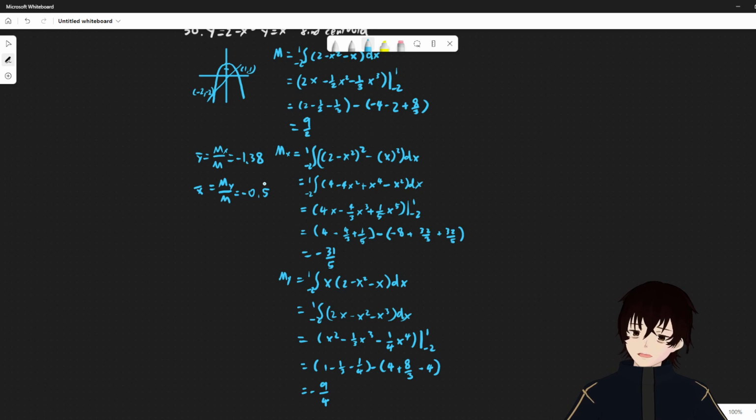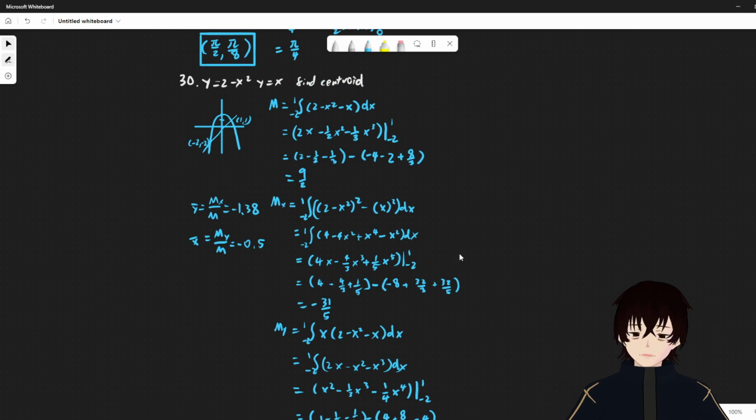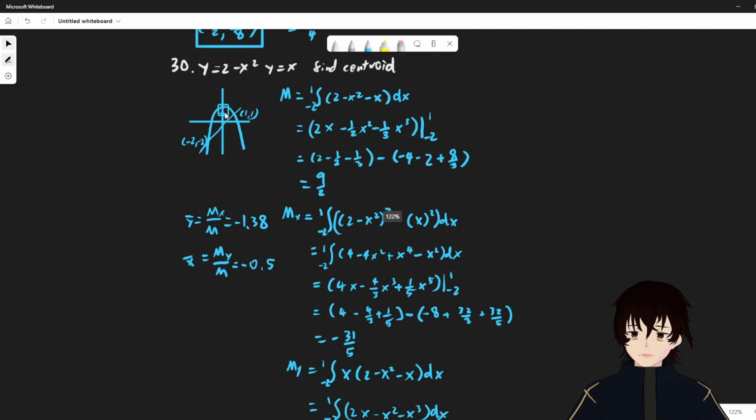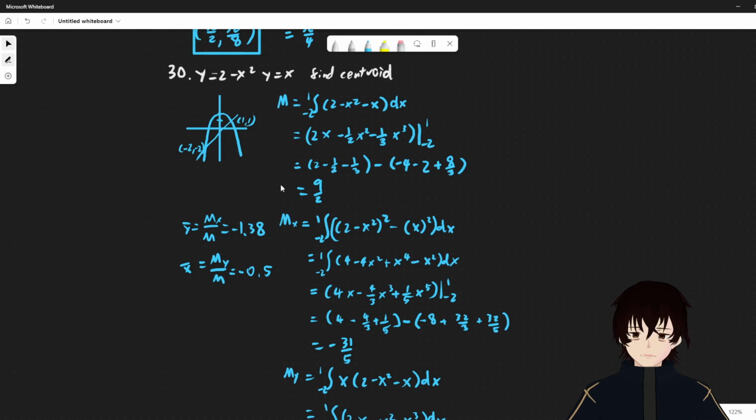I messed something up, didn't I? Because y cannot be negative here. Can it? I don't think it can. Center of mass outside the shape itself? I mean, that's certainly a possibility, but I don't know if it is in this case.